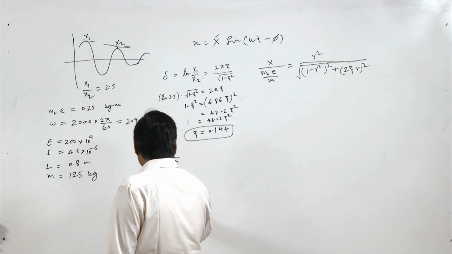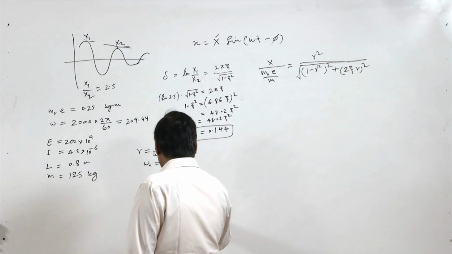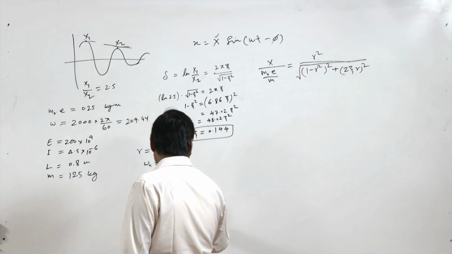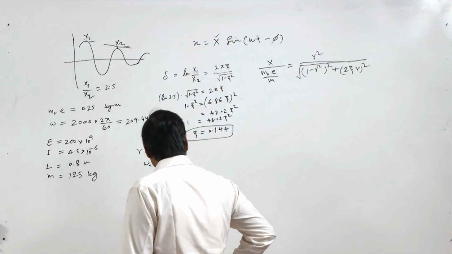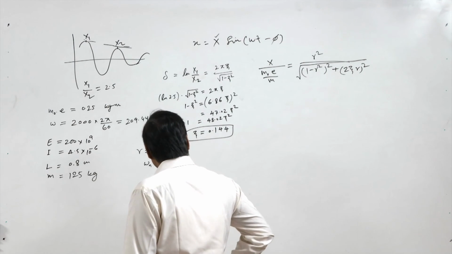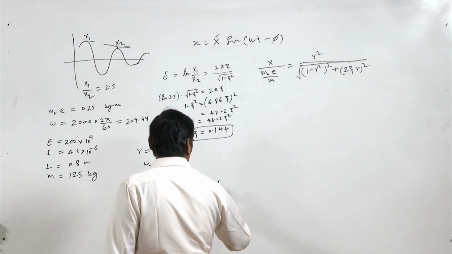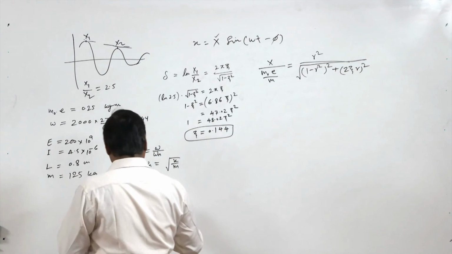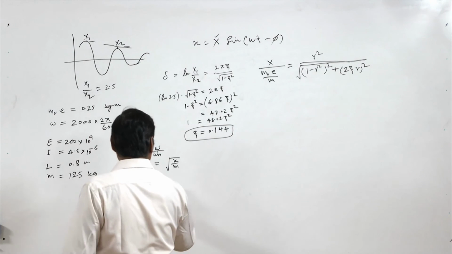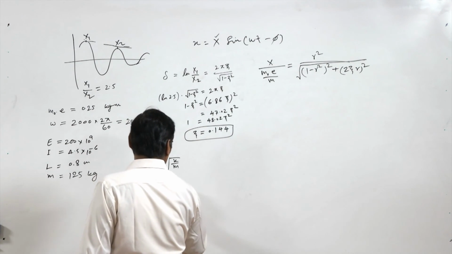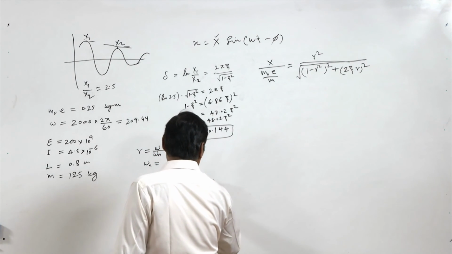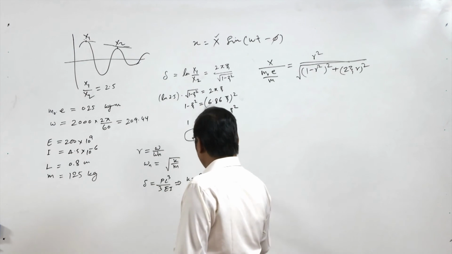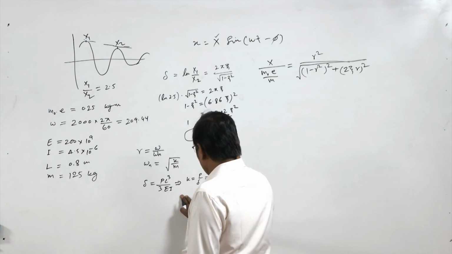So we know that k for a cantilever beam is 3 EI by L cube.